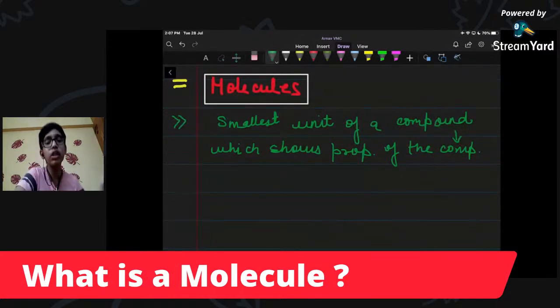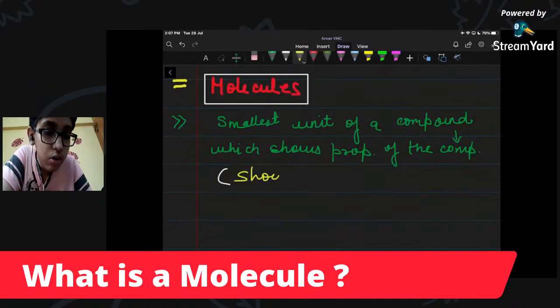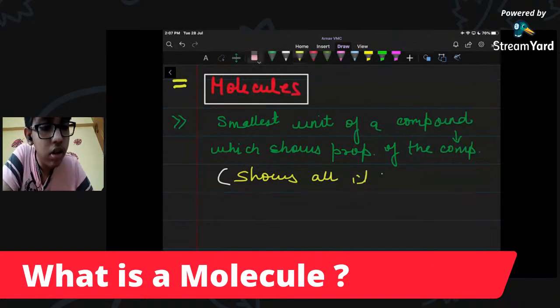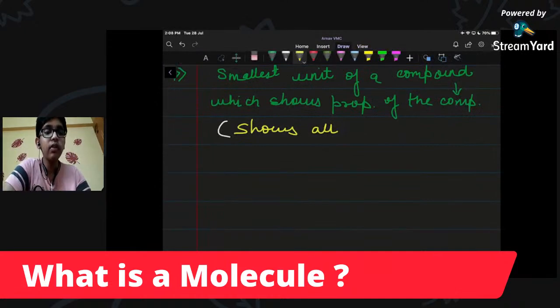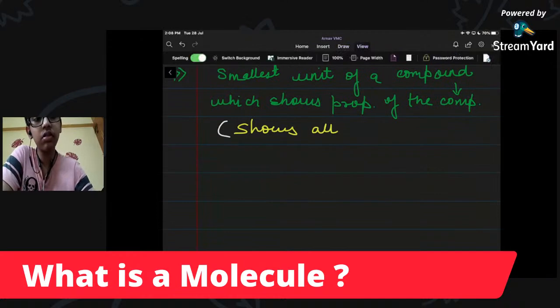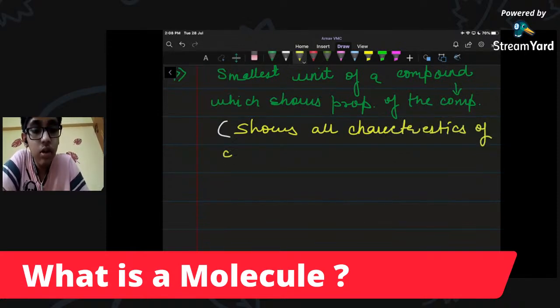It shows all the characteristics of the compound. I will write this: shows all characteristics of compound.